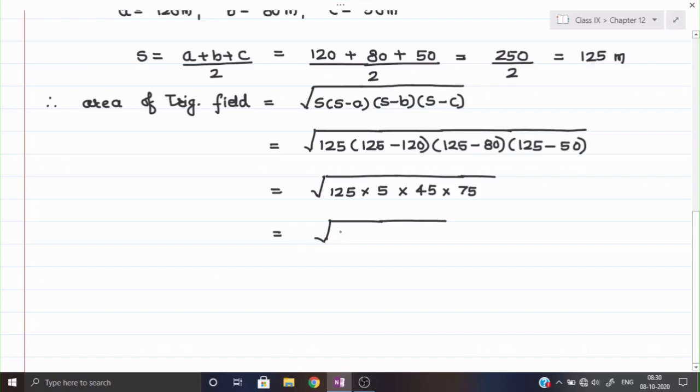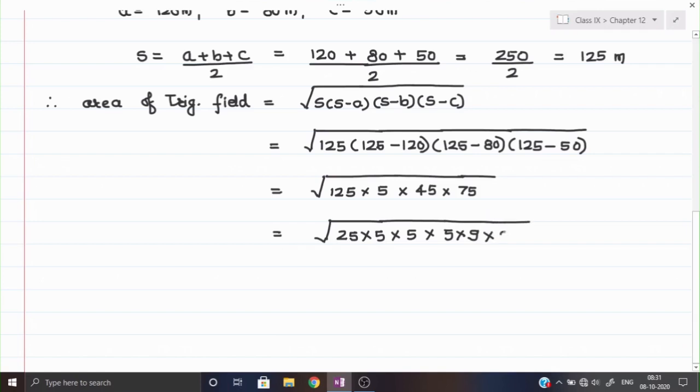So 125 I am writing as 25 into 5, then 5 is coming again along with this, that I am writing as it is. 45 I am writing here as 5 into 9.